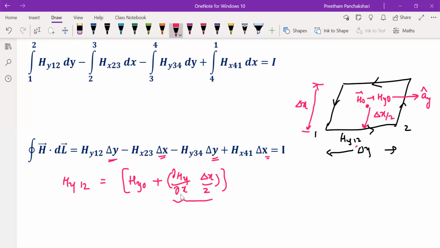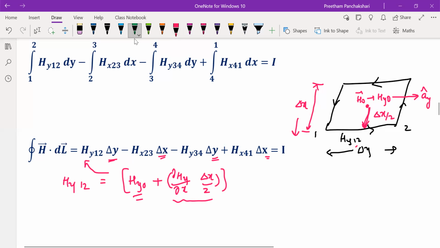Similarly, we can write the other quantities of H also. The first point to note is the initial value Hy0. The second term is the rate of change of H with respect to x times delta x by 2, which is exactly acting in the positive x direction, so it's a positive quantity. We can put this equation for Hy12.